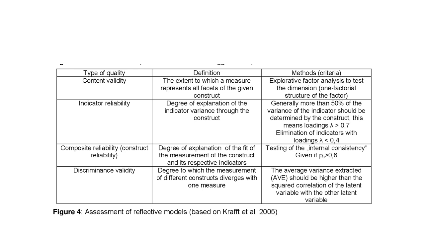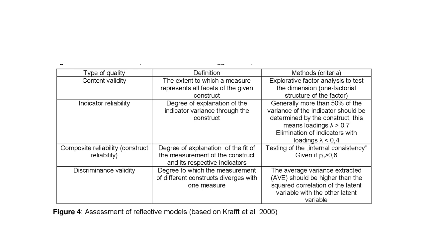The indicator reliability is checked through factor loadings. Factor loading means variable loading. Loading means the representation of correlation of questions onto the variable. So you do the indicator reliability, composite reliability, and discriminant validity.